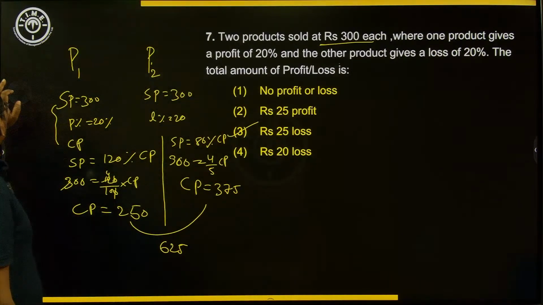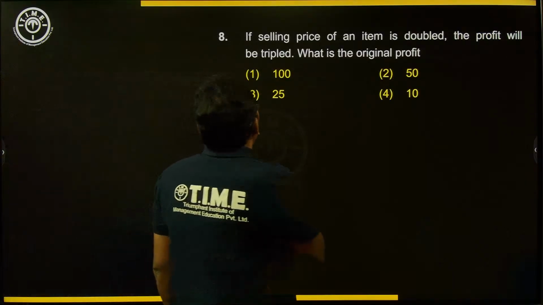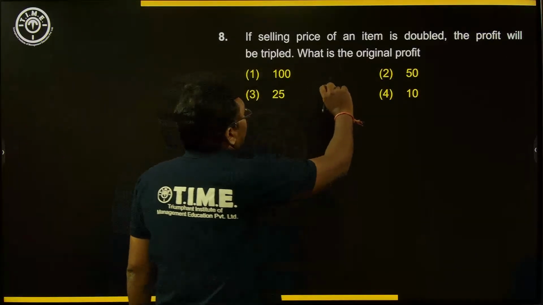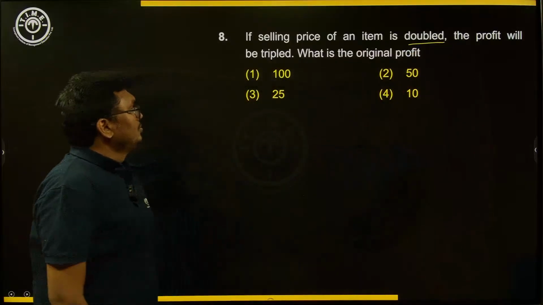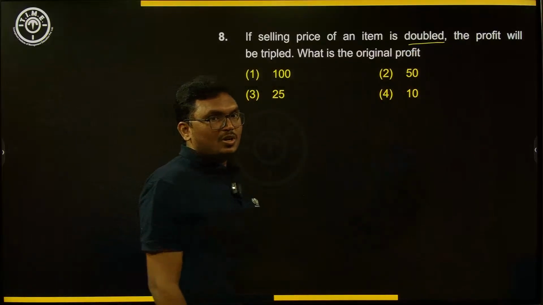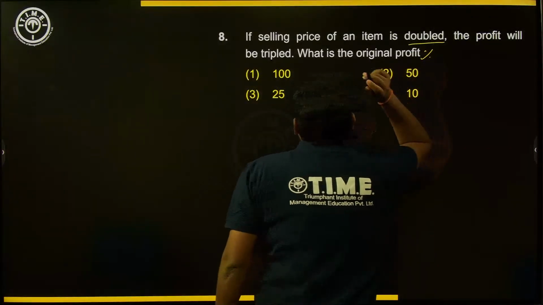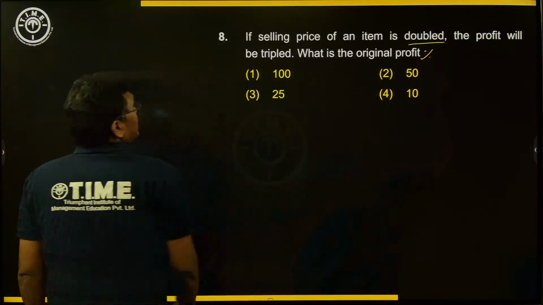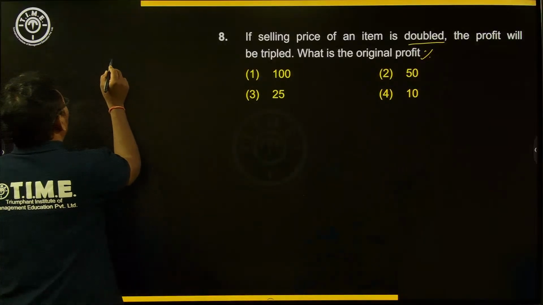Next, question number 8, if the selling price of an item is doubled, the profit will be tripled. So what is the original profit percentage, right? So the selling price of the item is doubled, so what is profit?